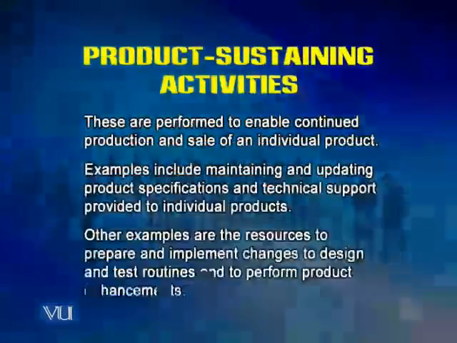So product sustaining activities are a level which is slightly different to the batch level. Batch level related to production. Product level sustaining activities now are those that ensure continuity of production and sale of the product.